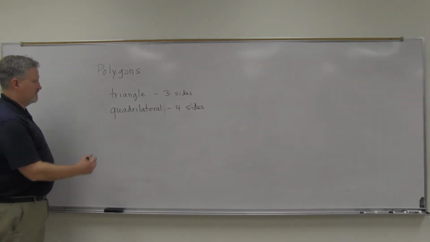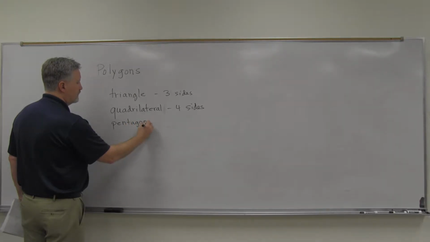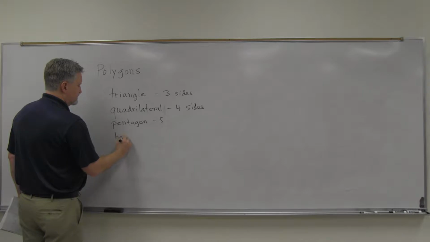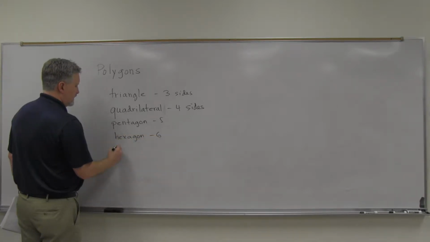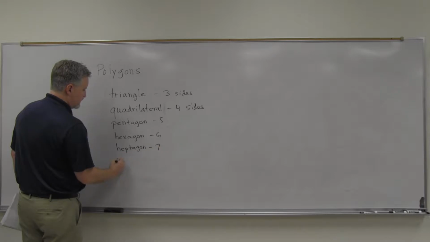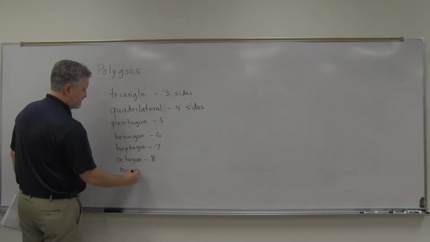All right, then you've got, of course, 5 sides, the pentagon. Hexagon is the 6-sided polygon. Heptagon is 7 sides. Octagon is 8. Nonagon is 9.